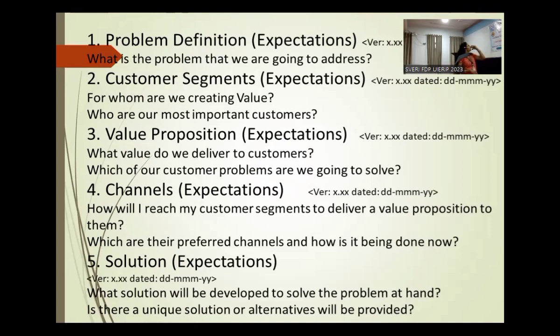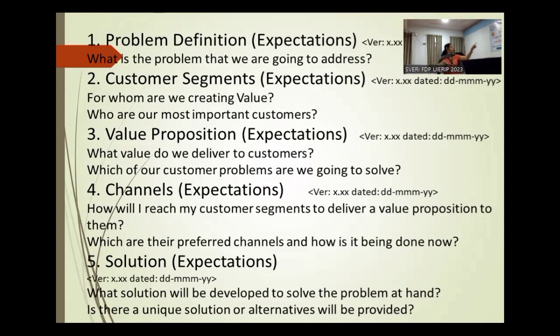Then customer segment, for whom you are creating the values. Who are our most important customers? Whenever I give you this paper during the activity, your job is pointers under problem definition. You have to write 1, 2, 3, 4 pointers.